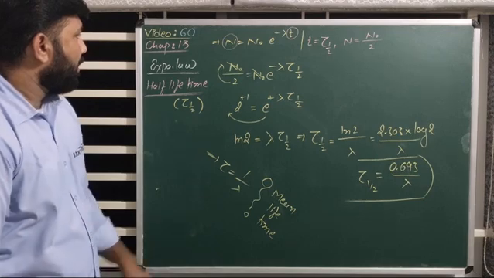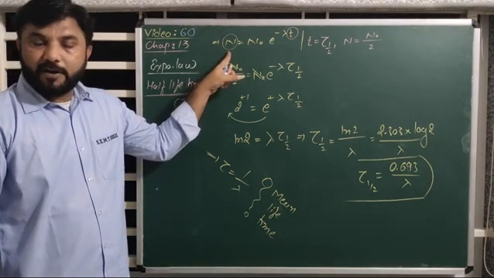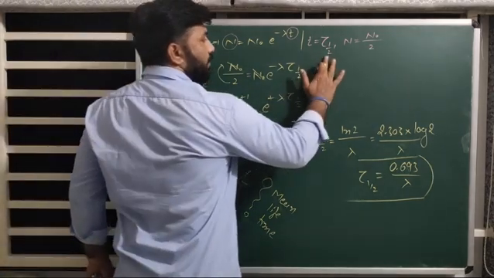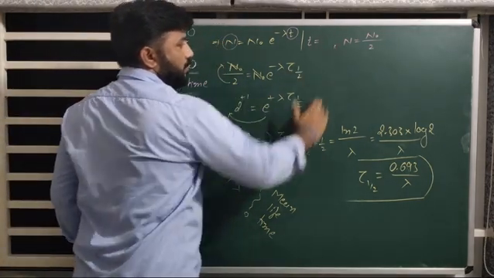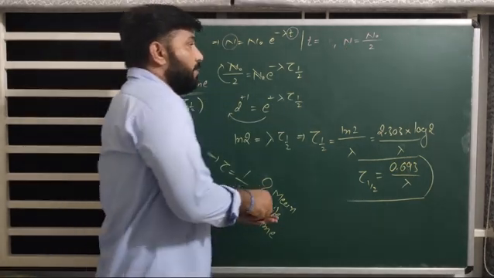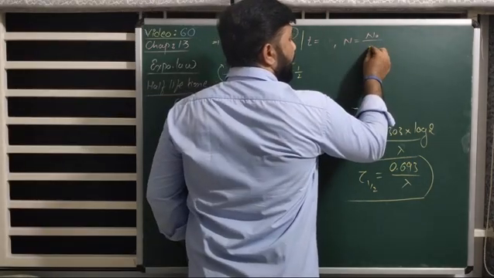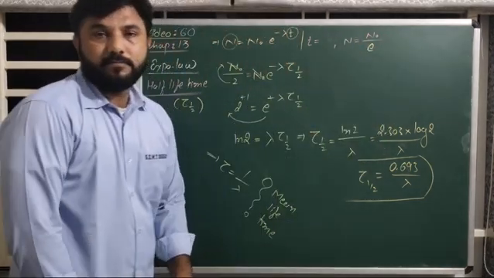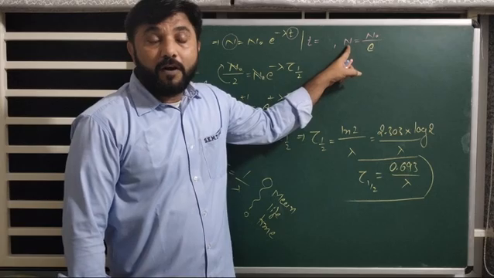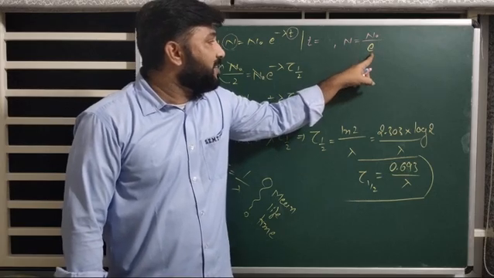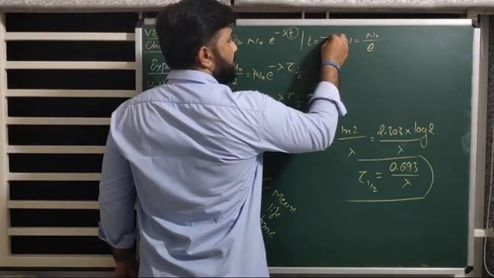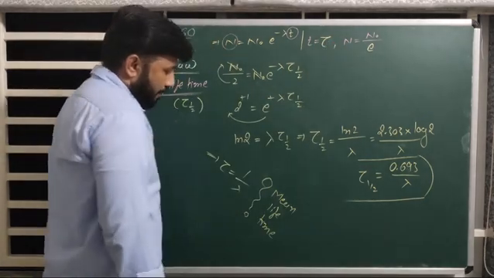Using the exponential law, the same equation, the time interval in which the number of undecayed nuclei becomes, instead of half, 1/e part of the initial, such time is known as mean lifetime.